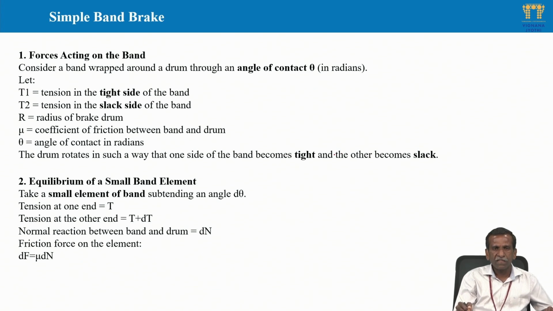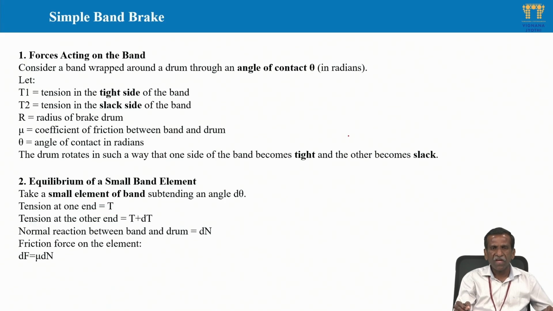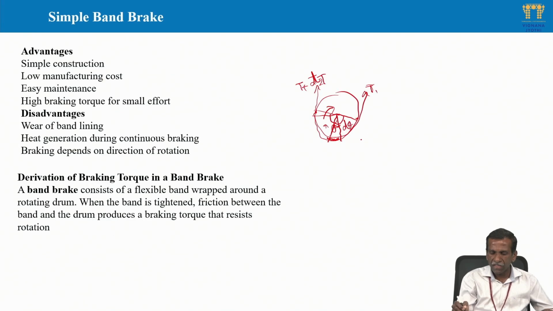The tension on one side is T and on the other side is T plus dT, so the difference is dT. This dT is the effective tension, and because of it there is a normal reaction between the band and drum.